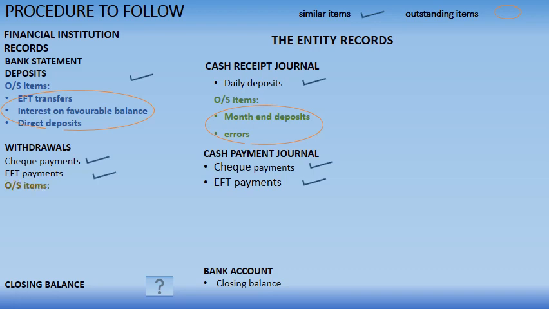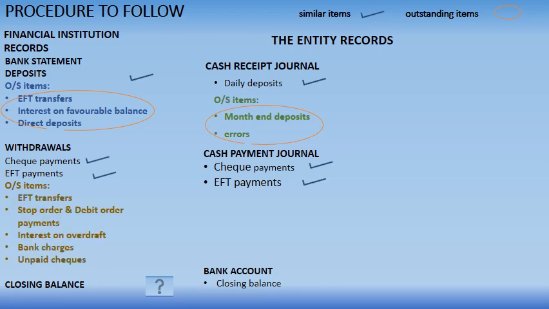Outstanding items under the withdrawals on the bank statement will be EFT transfers representing payments that were done electronically, stop order and debit order payments, interest on overdraft, bank charges, and unpaid checks. These items will be marked with circles.